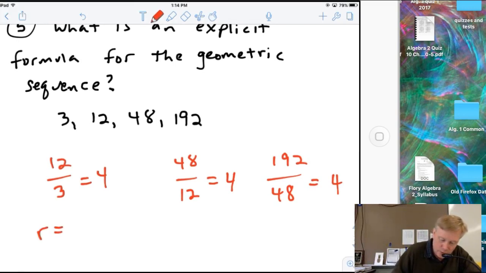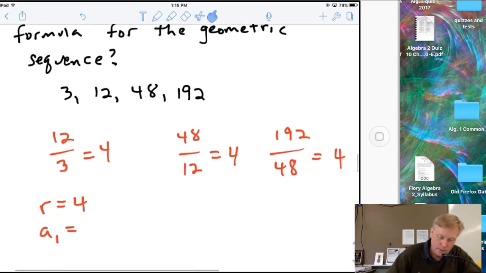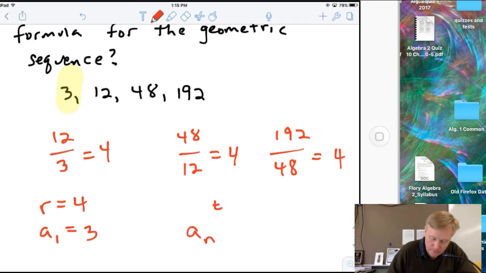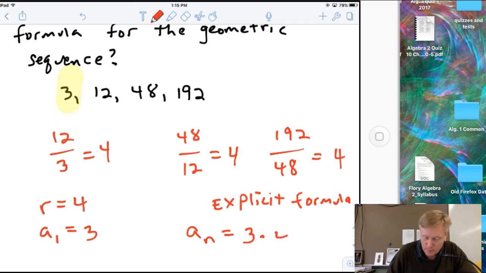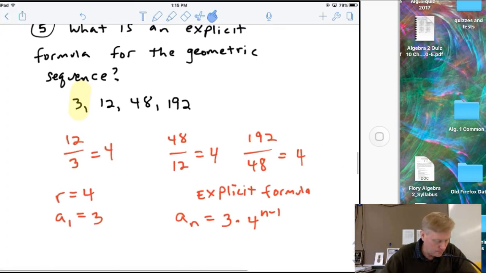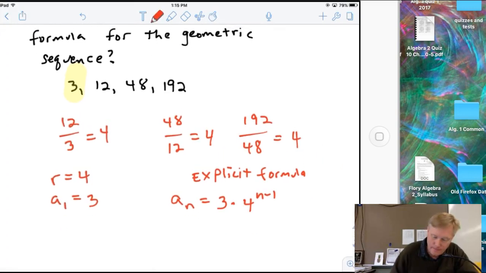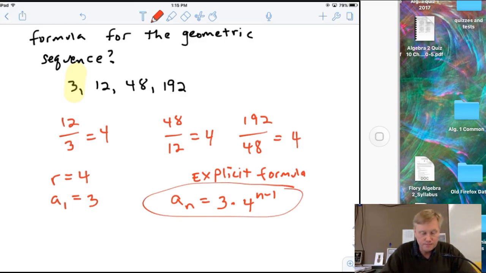My common ratio is 4, and the first number in the sequence, a of 1, is right there at 3. Which means my explicit formula is 3 times 4 to the n minus 1. That is all they asked for.